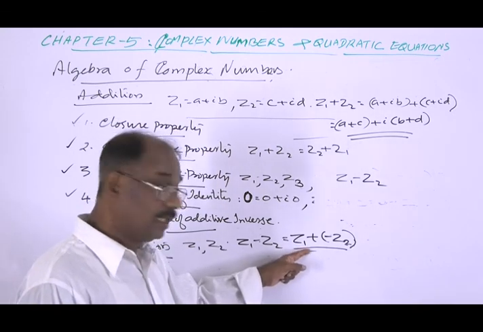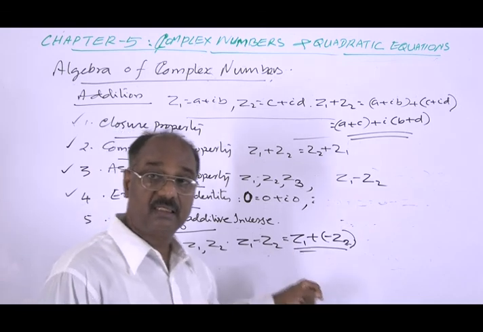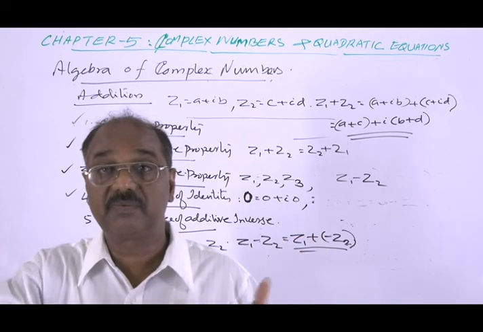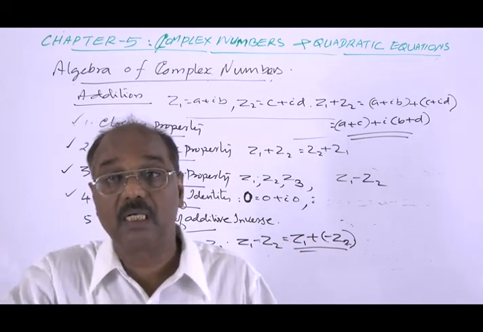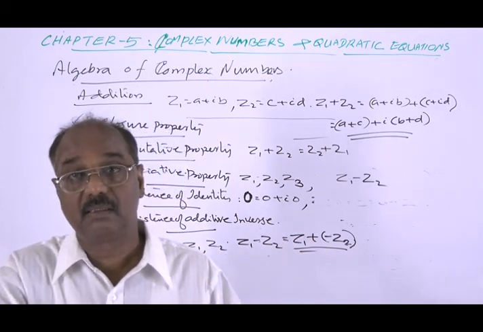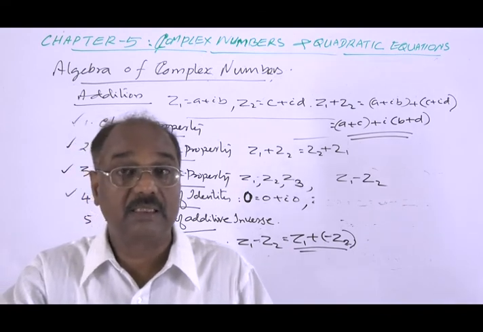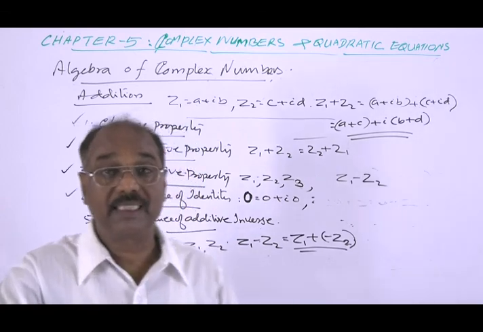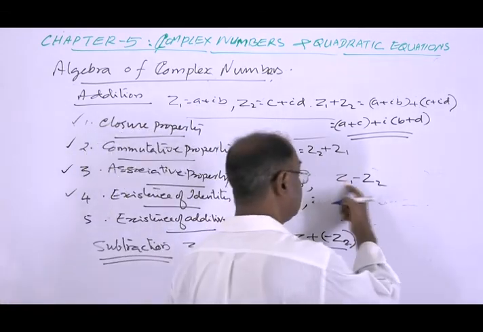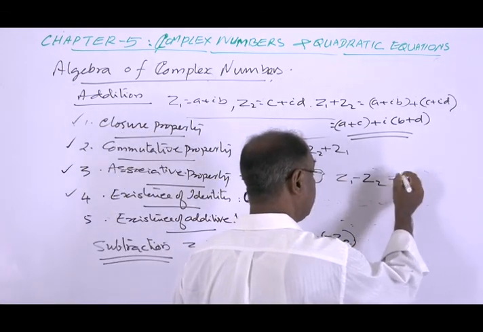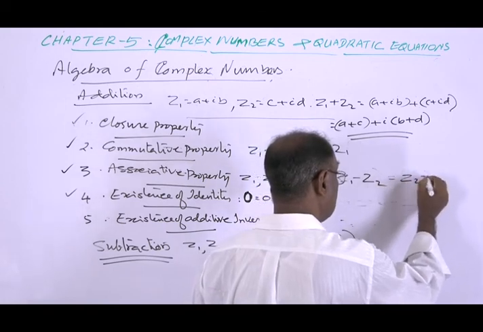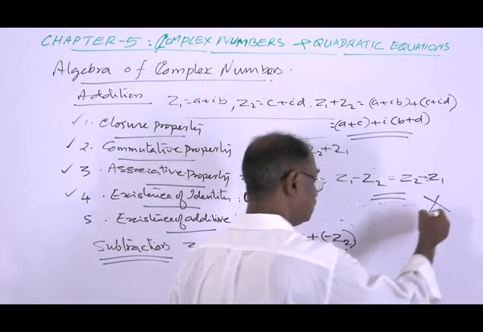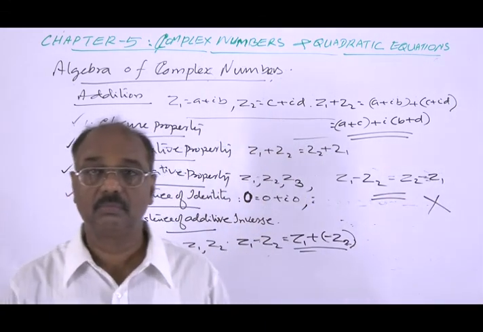Since this is defined as addition, normally we may think it will satisfy all 5 properties of addition, including the commutative property. So we may think that this difference is commutative, or that Z1 minus Z2 equals Z2 minus Z1. This is wrong.